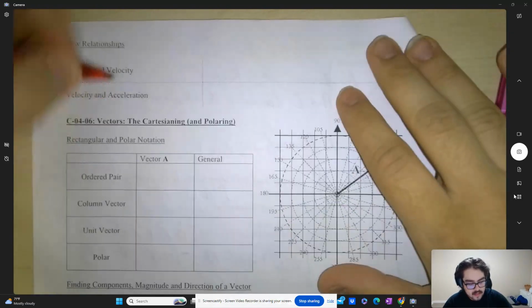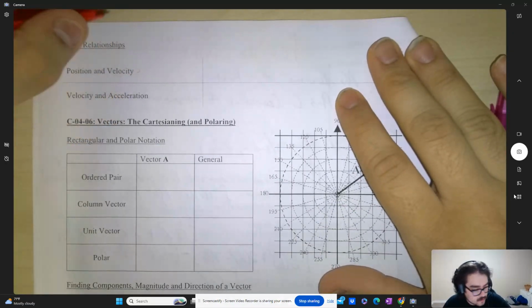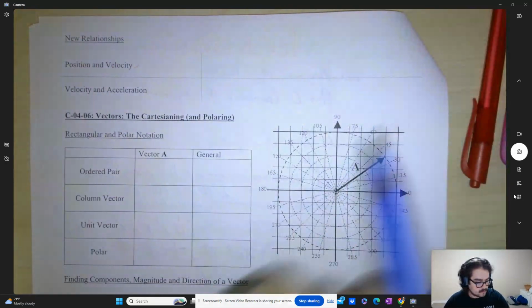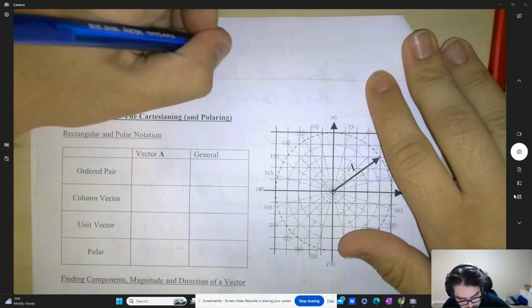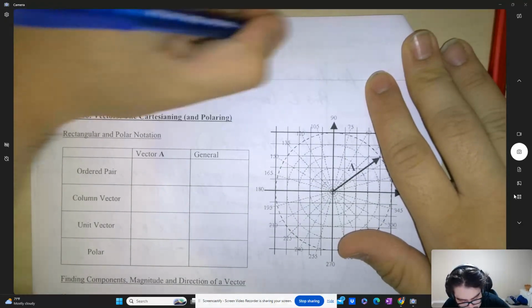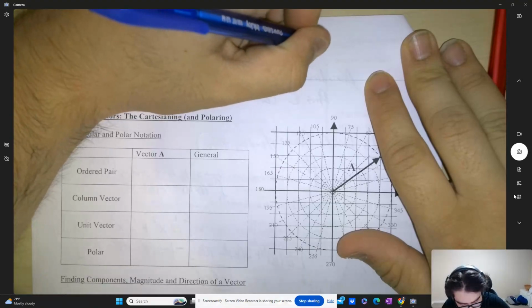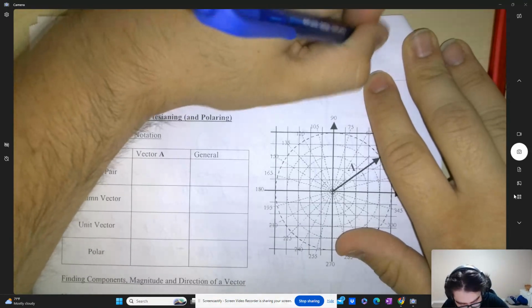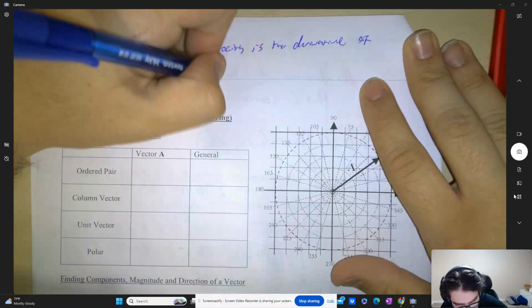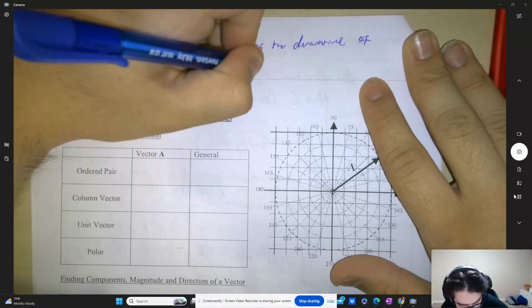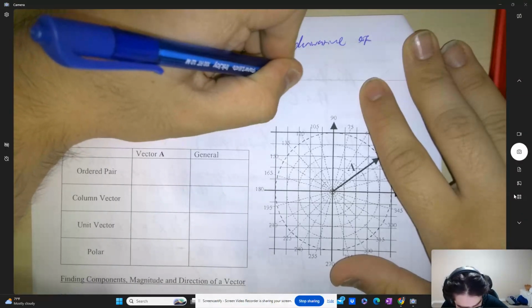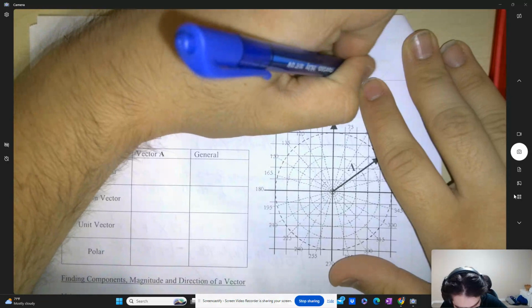You know that velocity is the derivative of position with respect to time.